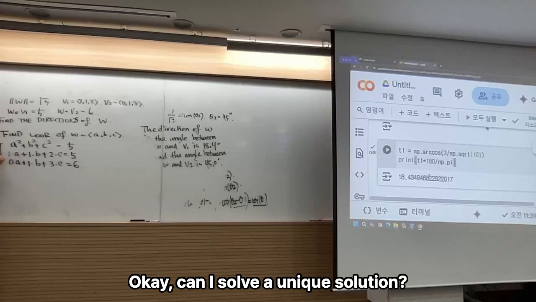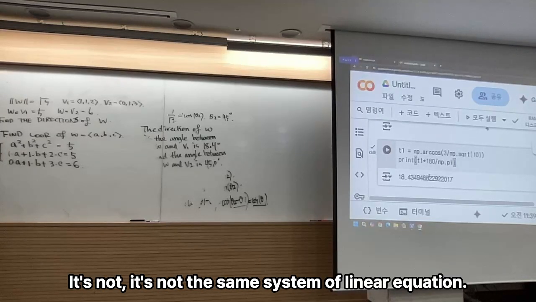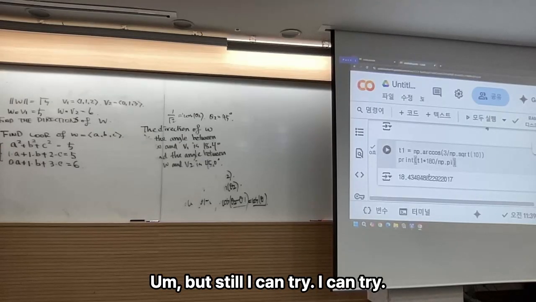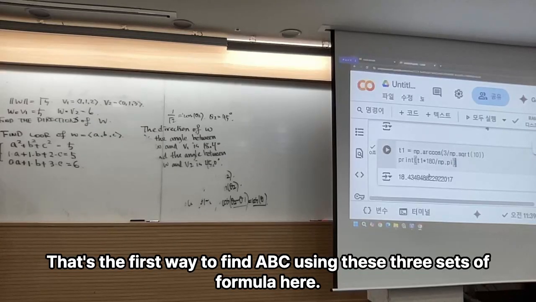Okay, can I get a unique solution? It's not a system of linear equations. It's not linear here, it's quadratic. But still, I can try. That's the first way to find A, B, C using these three sets of formulas.